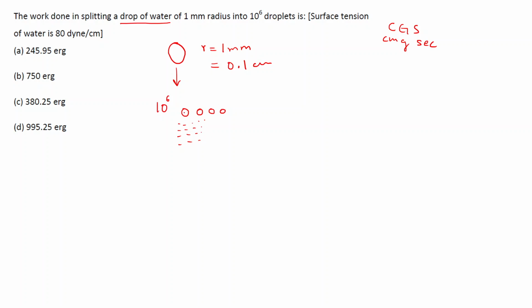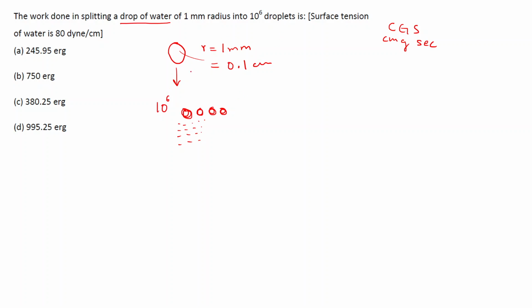They are all the same size actually, and they are smaller than the main one, right? Because it has split and changed into 10 to the power 6 droplets, whose radius we don't know, but we have been asked the work done in splitting a drop of water of 1 mm into 10 to the power 6 droplets. So what is the work done in splitting this?